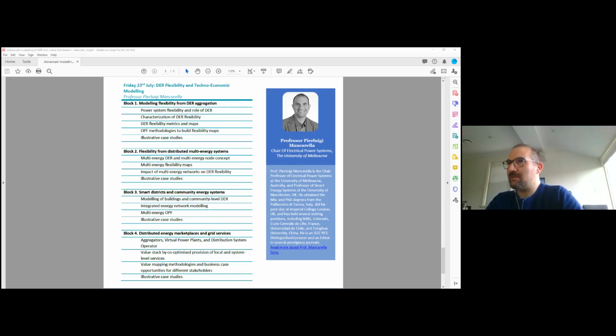Then we will see specific applications, including smart districts, smart buildings, community energy systems. And then we will also look into some techno-economic aspects of distributed resources and the idea of deploying flexibility from DR also for commercial purposes, and attached to that, of course, the idea of having more and more virtual power plants and distributed energy markets.